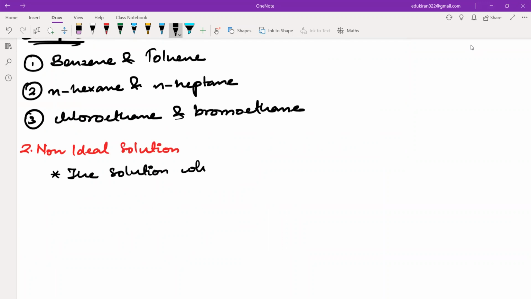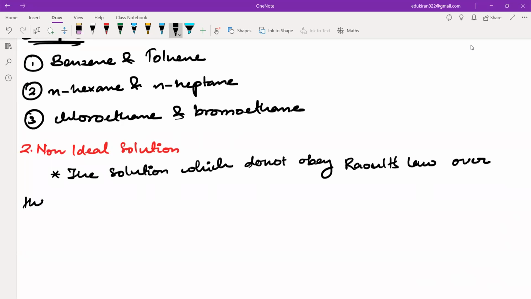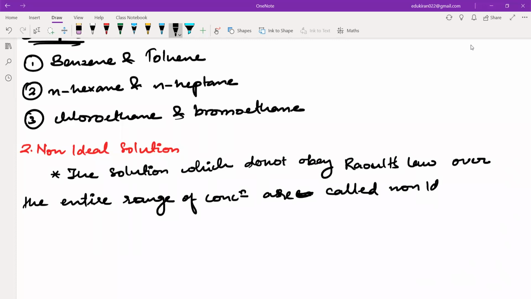A solution which does not obey Raoult's law over the entire range of concentration is called non-ideal.